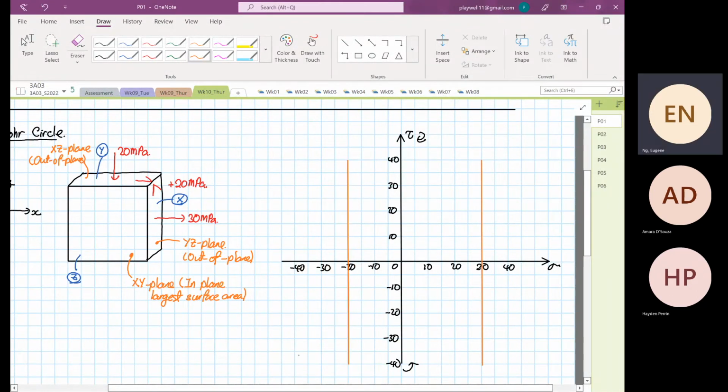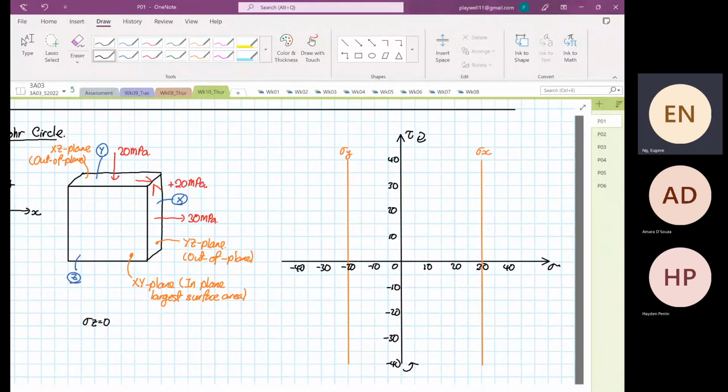This is our stress X line, and this is our stress Y line. Now stress Z is equal to 0 because there are no associated forces or stresses. So this is our stress Z line.